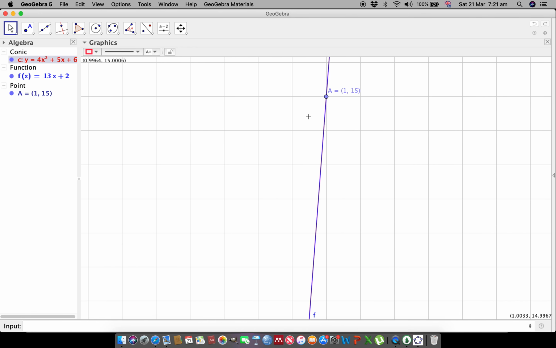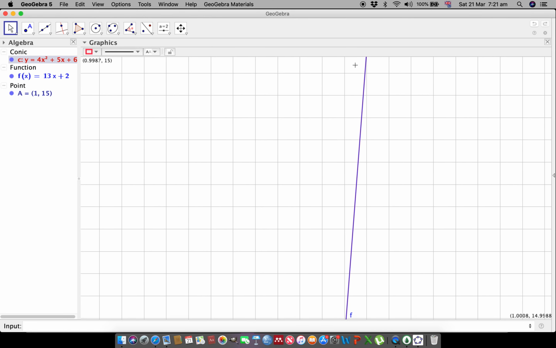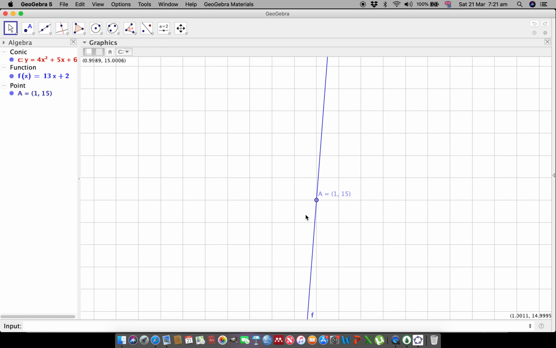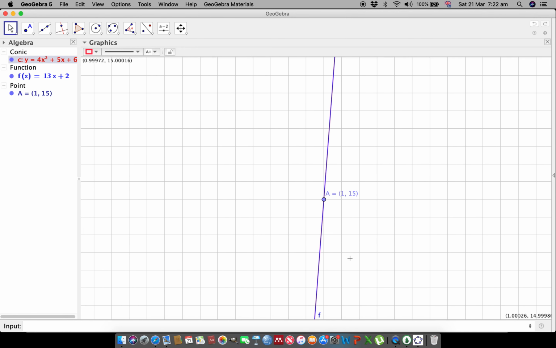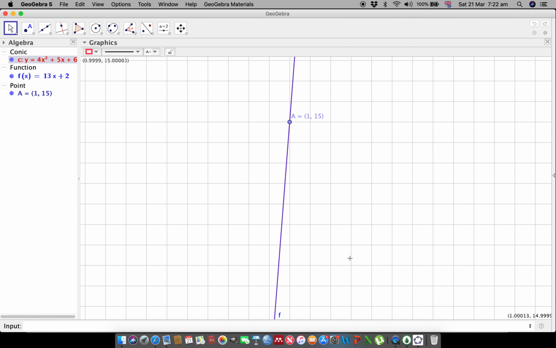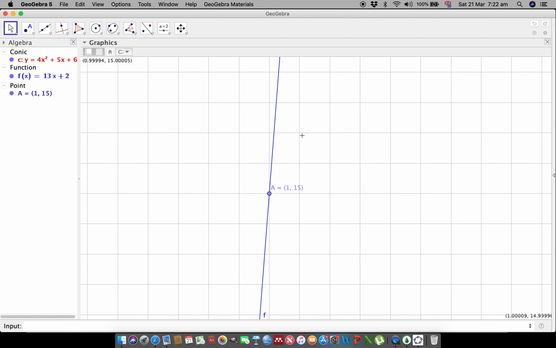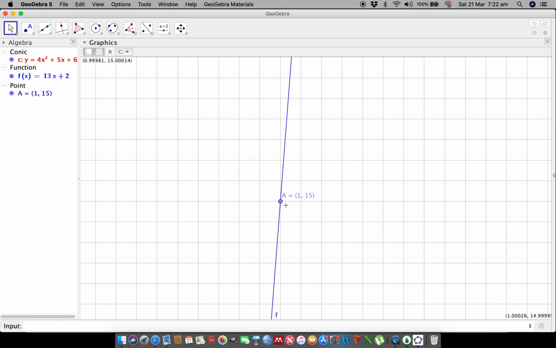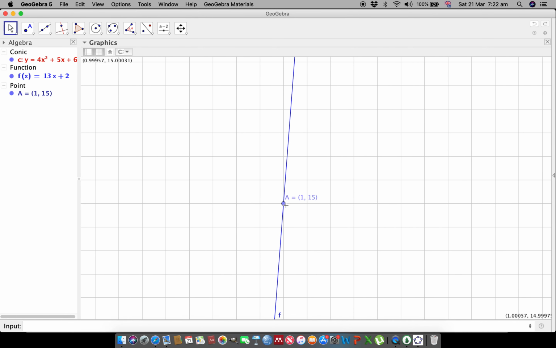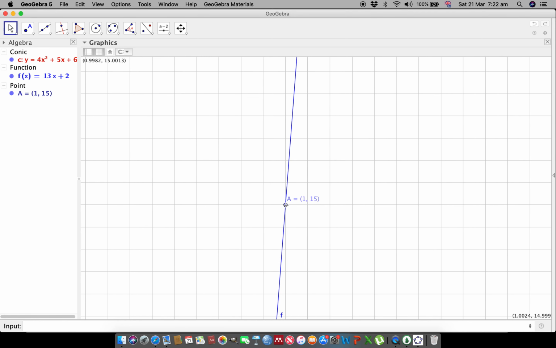Here is the tangent line. It is very close to the parabola.